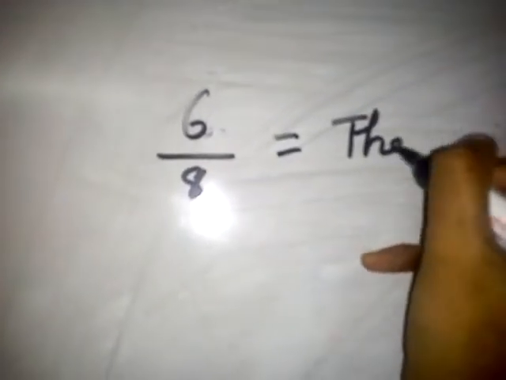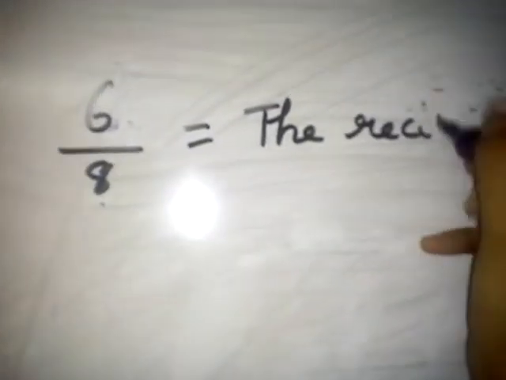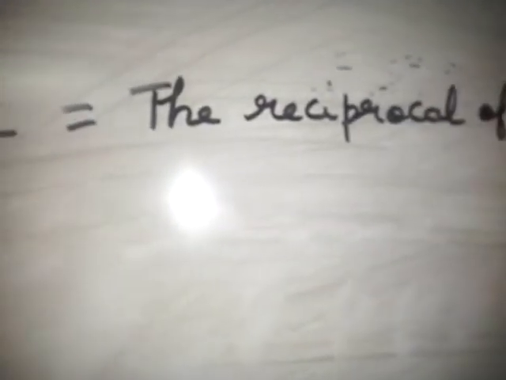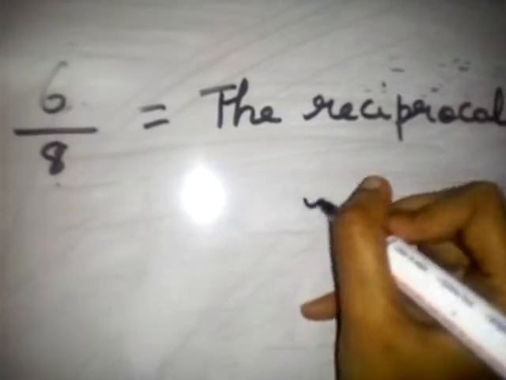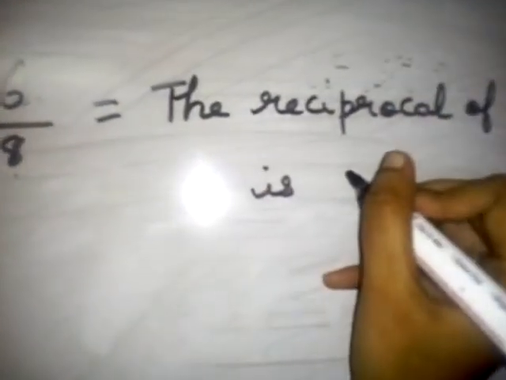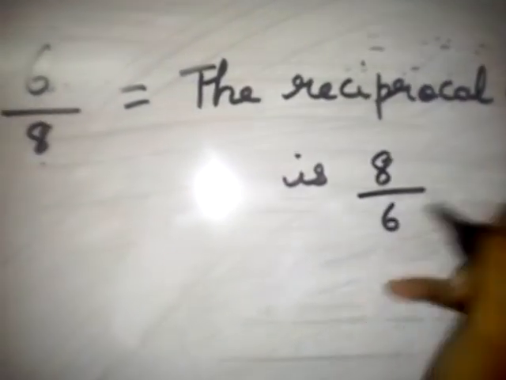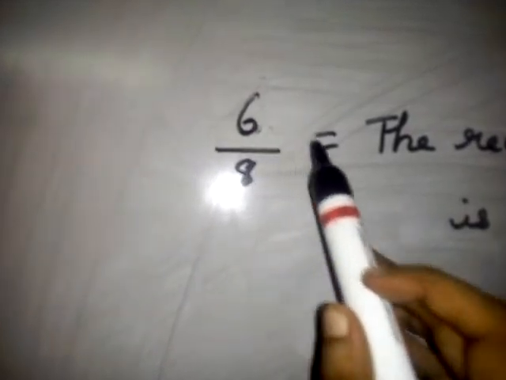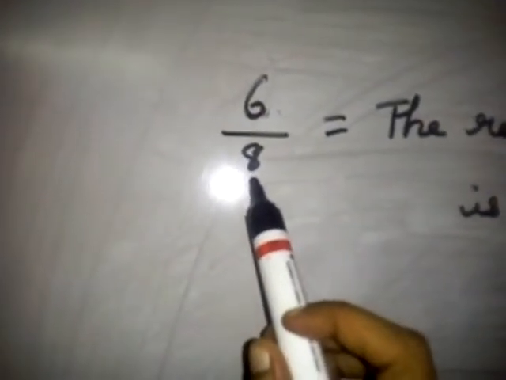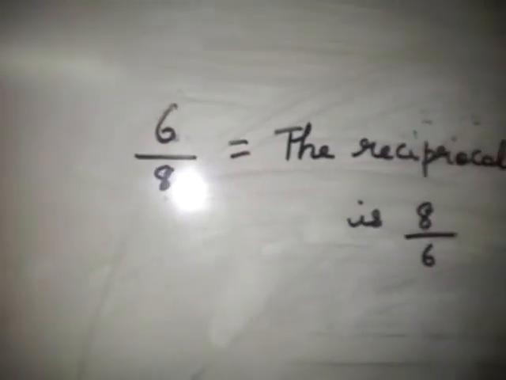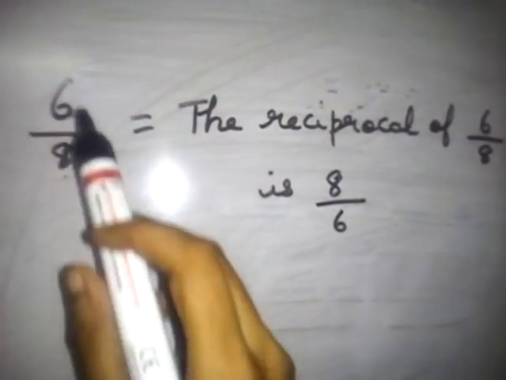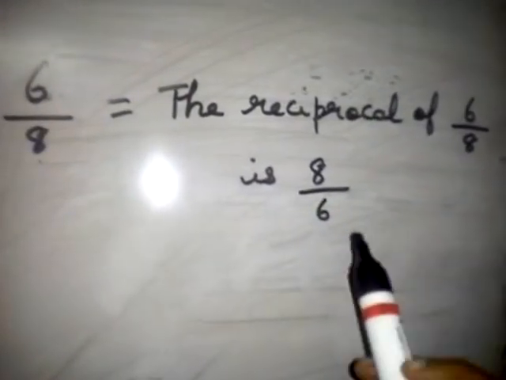The reciprocal of 6 upon 8 is 8 upon 6. The numerator number goes to denominator and the denominator number goes to numerator. That is called multiplicative inverse or reciprocal.